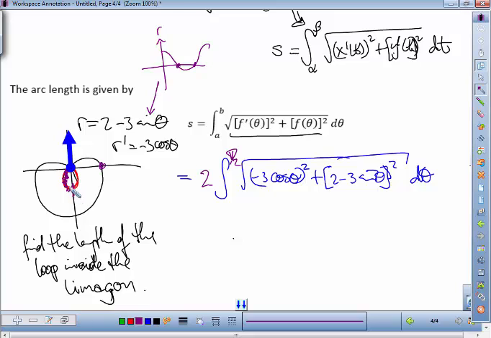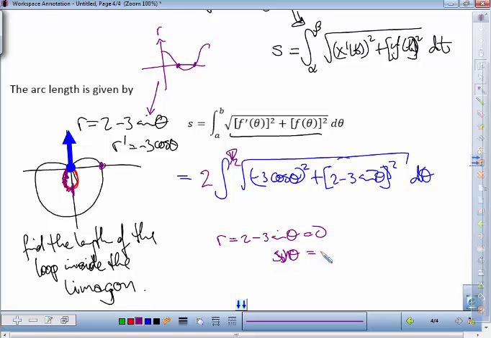And trying to figure this out, we'll just solve for r equal to 0. So let's solve for r equal to 0. 2 minus 3 sine theta equal to 0. So sine theta equals 2/3 or 3/2? 2/3.